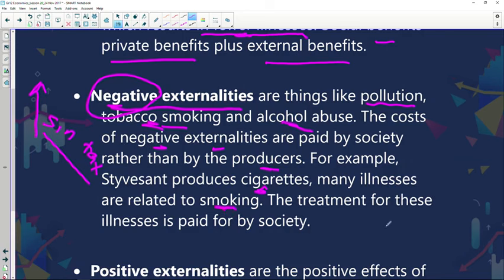So the treatment for these illnesses is paid by society, because when you pay your income tax, that's the money that's paid to the government using SARS as the collection office, and that money is used to develop infrastructure and to support the public sector, so the public hospitals, in other words.